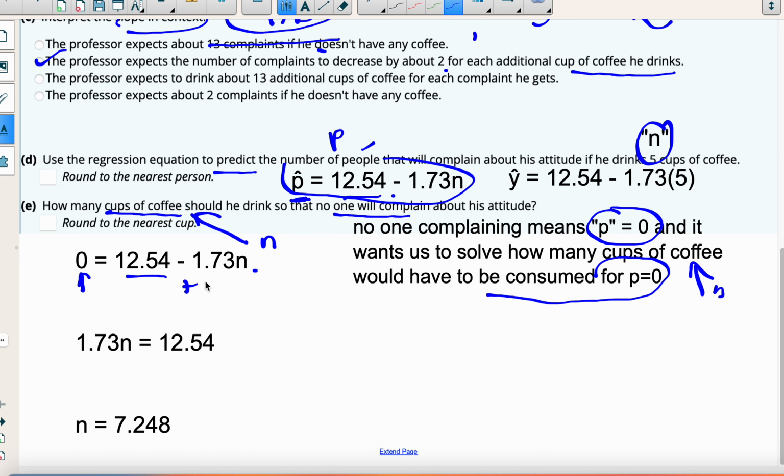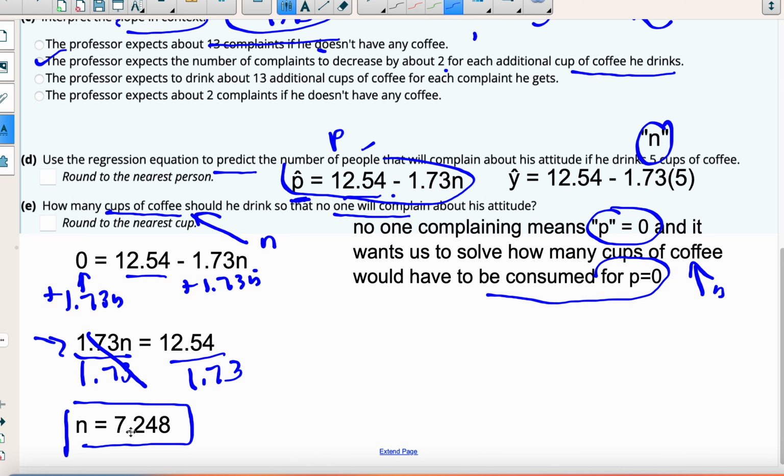I'm going to add 1.73n to both sides. That gives me 1.73n equals 12.54. To isolate the n, I'm going to divide both sides by 1.73. That reduces out. That gives me n equals 7.248 cups of coffee.